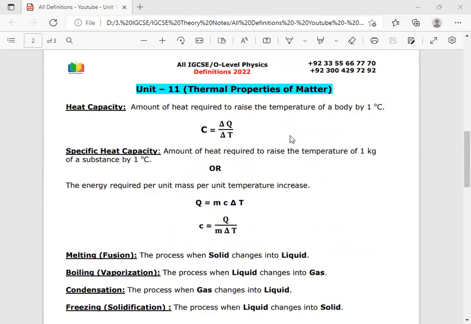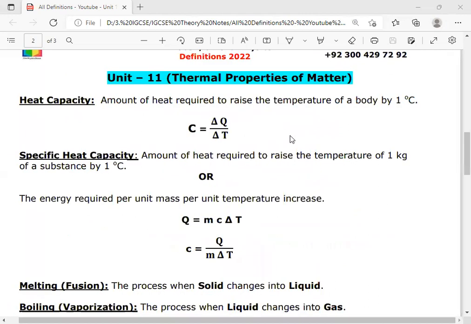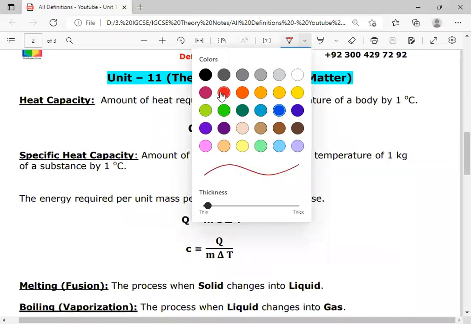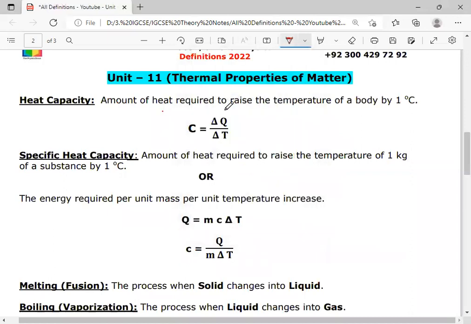So the very first definition, the definition of heat capacity. It is the amount of heat required to raise the temperature of a body by 1 degree Celsius or by 1 Kelvin.